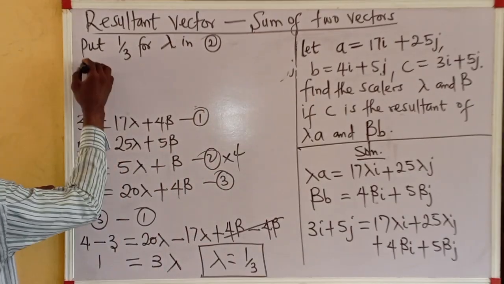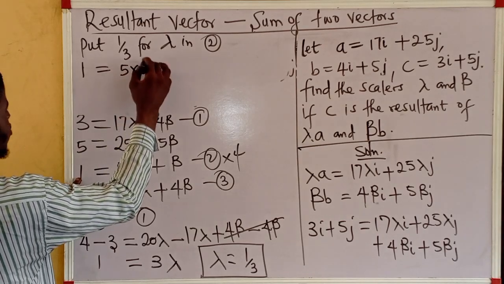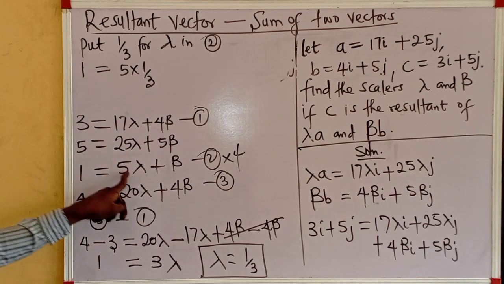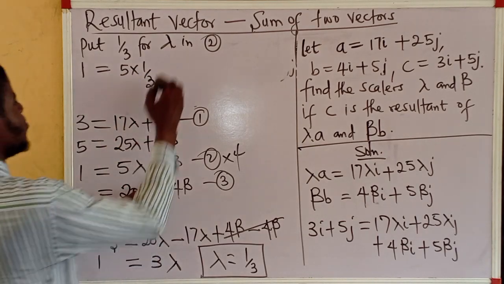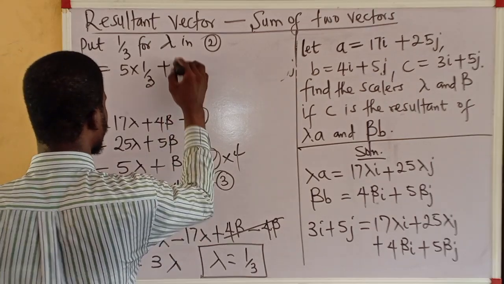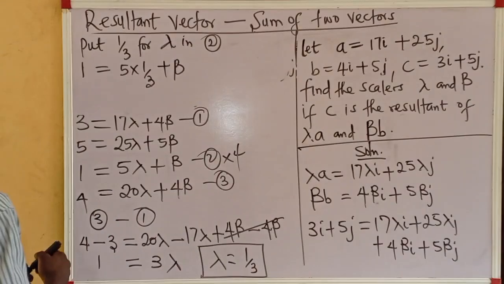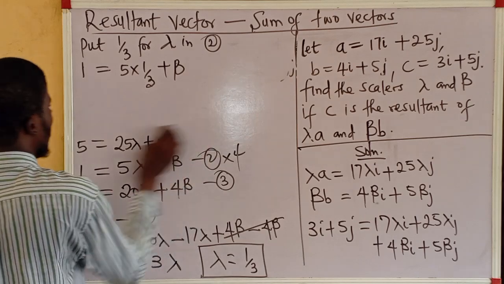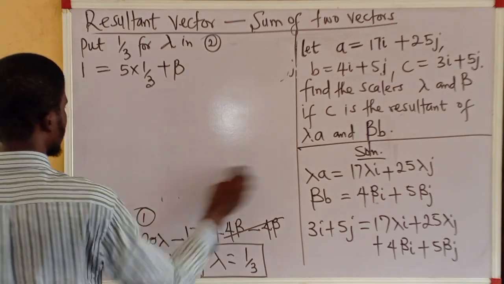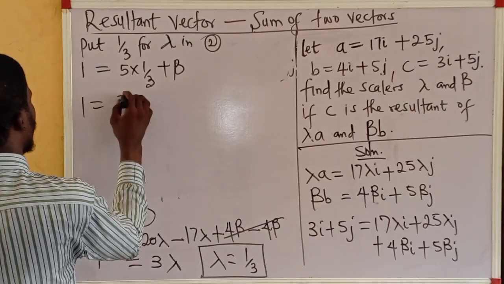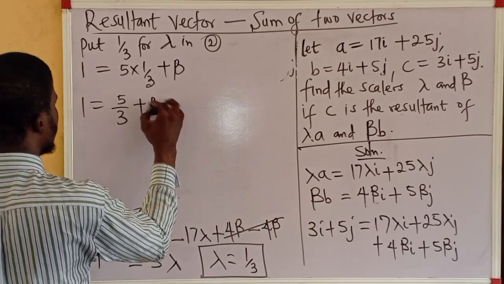So we have 1 equal to 5 times 1 over 3 plus beta. You get the point? 5 times lambda plus beta. So 5 times 1 over 3 is 5 over 3. 1 is equal to 5 over 3 plus beta.